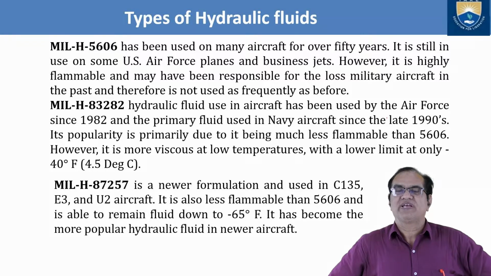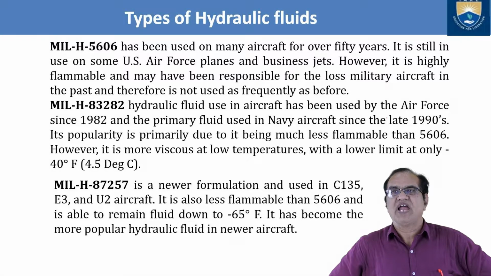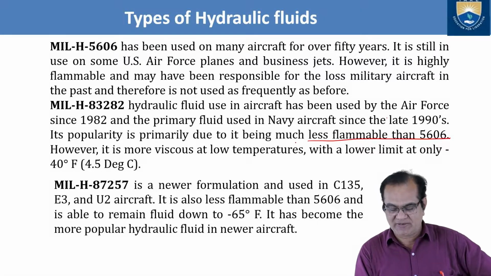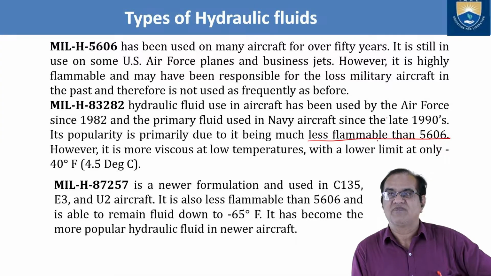The US Navy started from the late 1990s. Its popularity is primarily due to it being much less flammable than 5606. So the major advantage is fire resistance. It is much less flammable, meaning fire will not take place like with 5606.